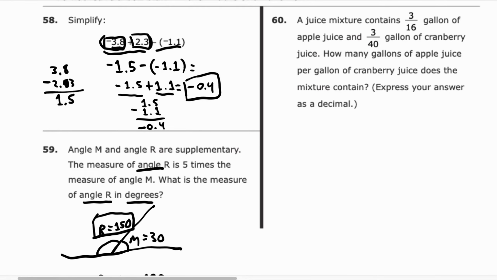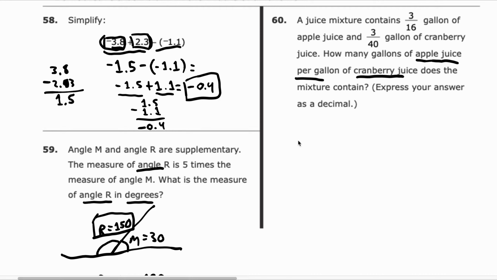Okay, now let's look at 60. A juice mixture contains 3/16 gallon of apple juice and 3/40 gallons of cranberry juice. How many gallons of apple juice per gallon of cranberry juice does this mixture contain? Okay, so we can set this up as a proportion.